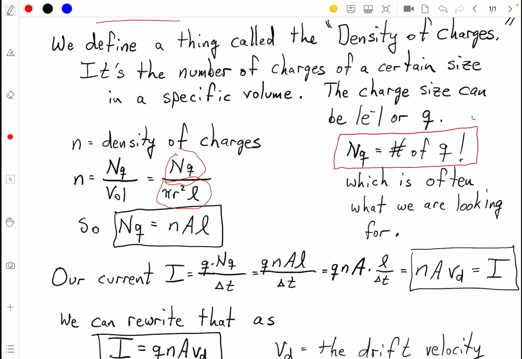We're really wanting to know how many charges there are, right? That's what we're looking for a lot of the time. So to do that, we take our N, our density of charges, and multiply it by the volume. Our N times the volume is going to be our number of charges.